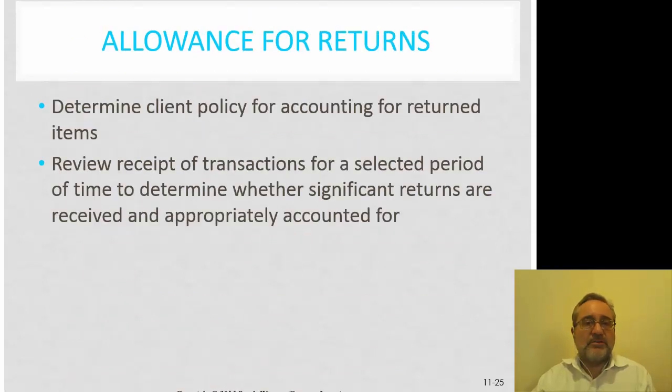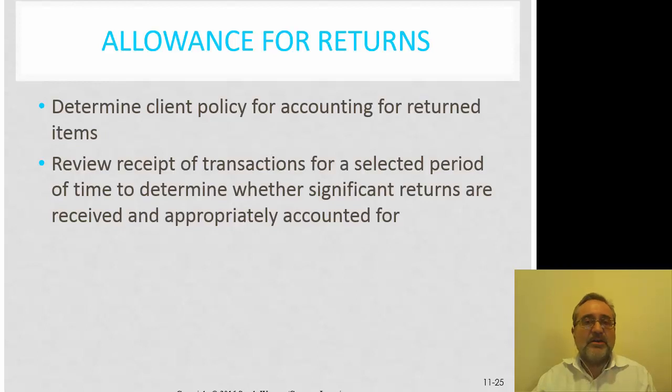Allowance for returns. We need to determine the client policy for accounting for the returns. We want to review the receipt of transactions for selected periods to determine whether significant returns are received and appropriately accounted for. It's very possible that returns are a part of the revenue cycle, and they're accounting for this based upon an indirect method by creating an allowance for returns.